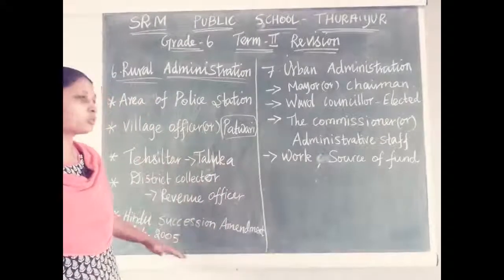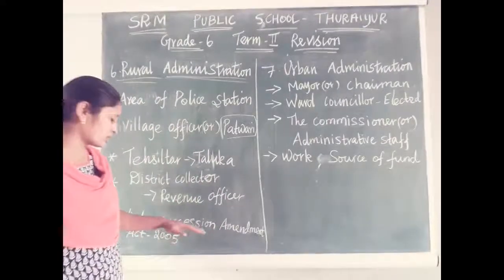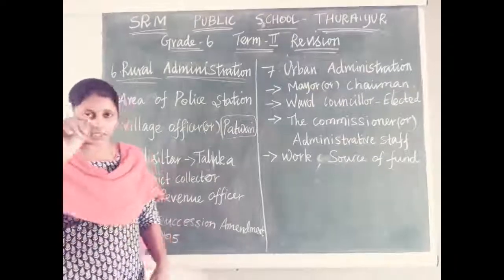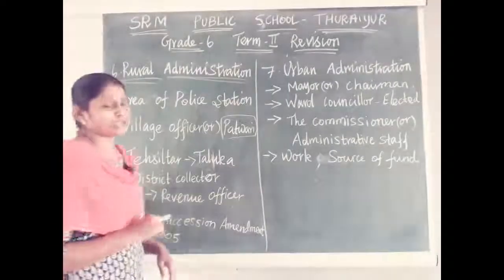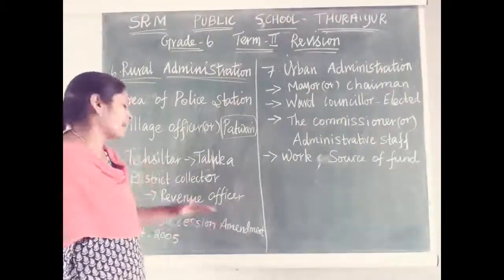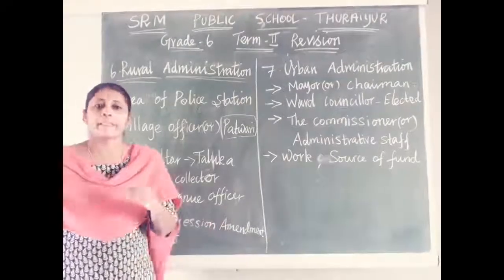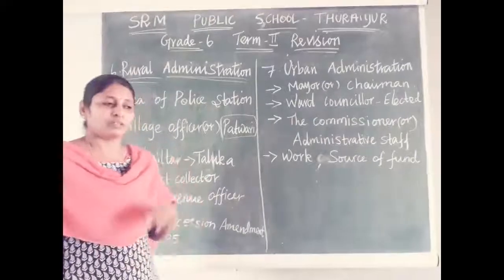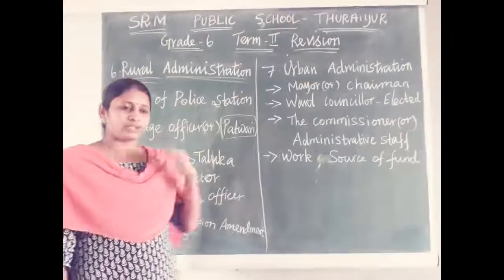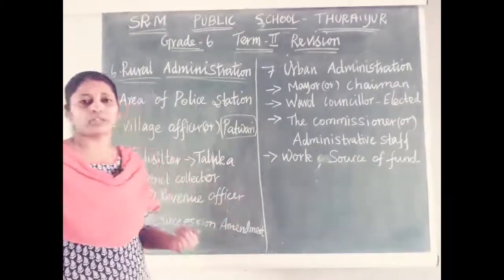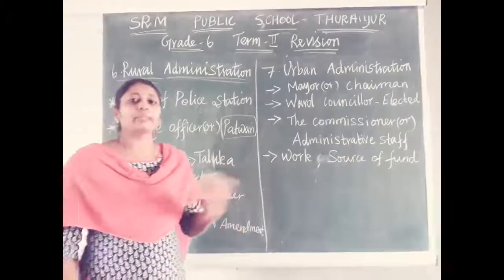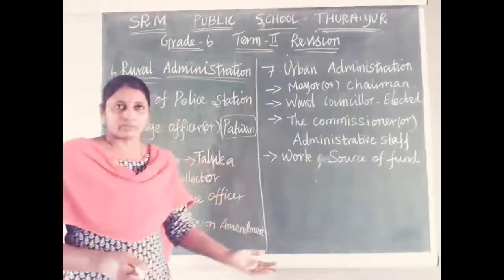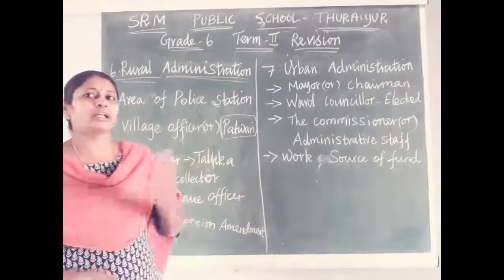But after 2005, when the act was changed, amendment means small changes made in the act, the Hindu Succession Amendment Act 2005 says that the asset of a farmer, the assets of the father, can be shared equally among his male children, female children and his wife.